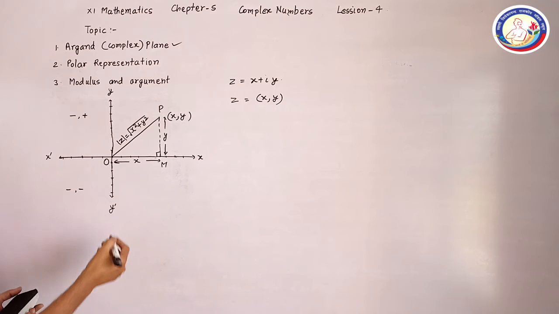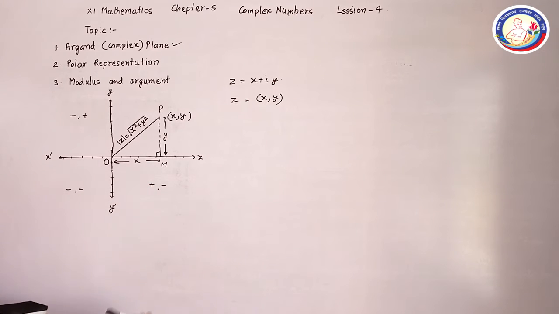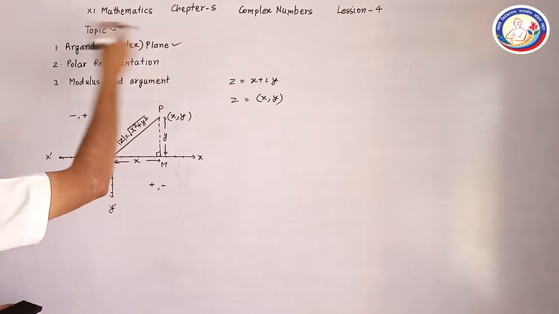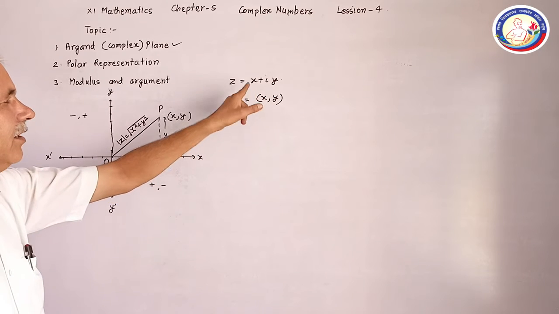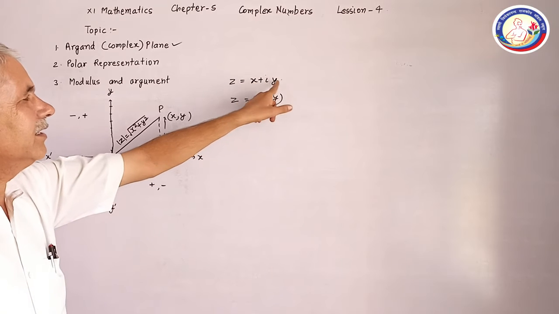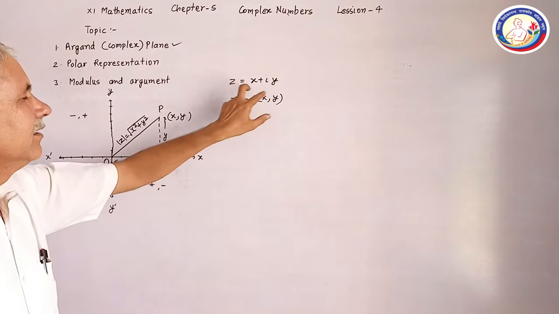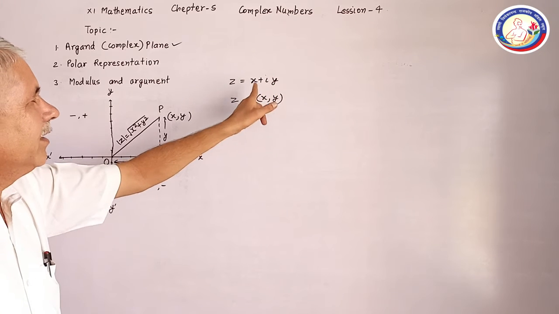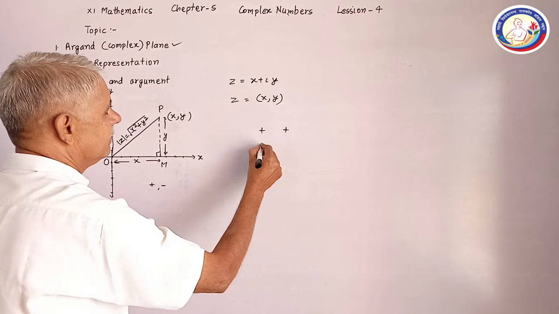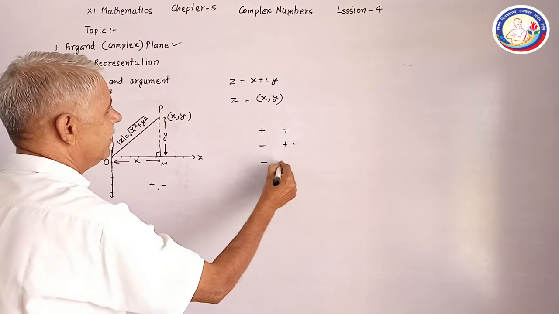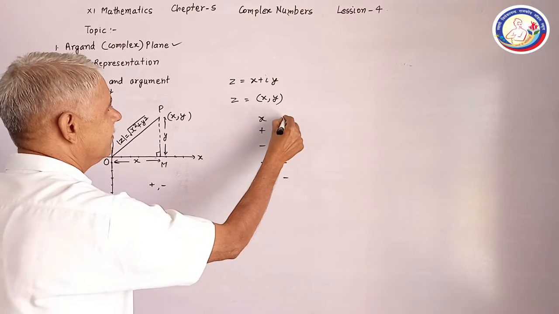Further, if x is positive and y is negative, then this will be here. So in the whole plane, we can show any complex number with x and y as real numbers. They may have different signs: plus plus, minus plus, minus minus, and plus minus.